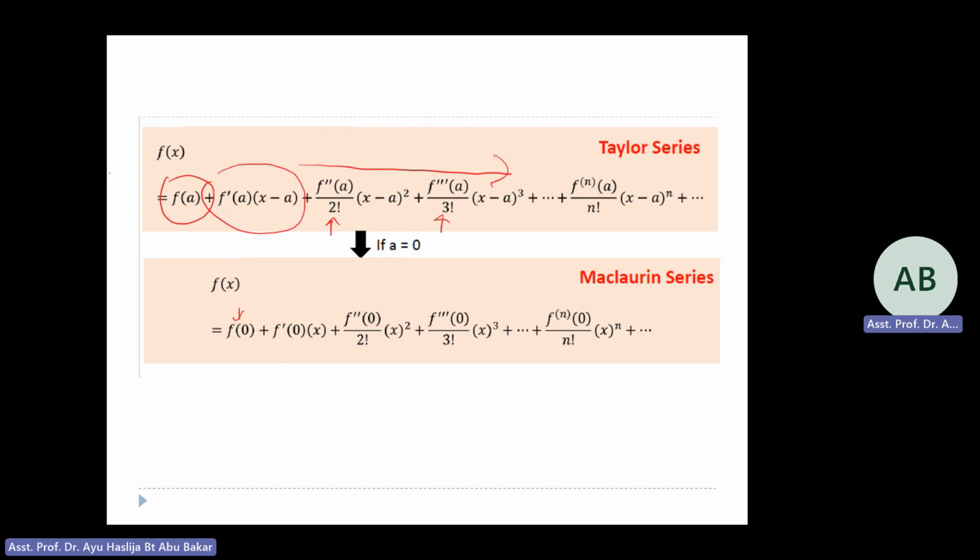So 2 is your approximate value over the true value, multiply by 100. What do you get? 26%.